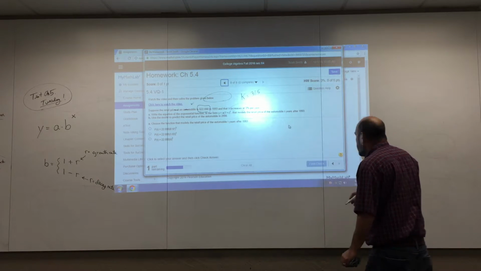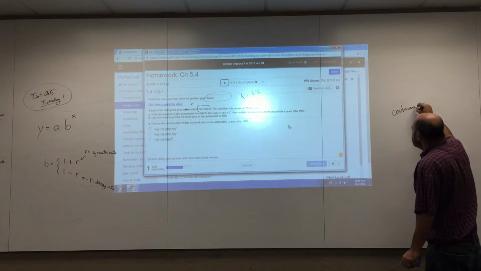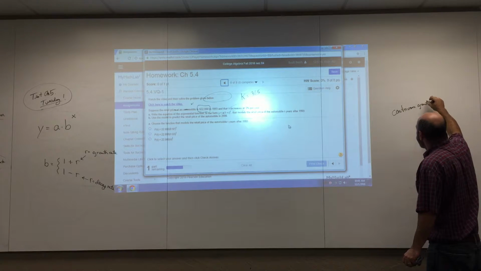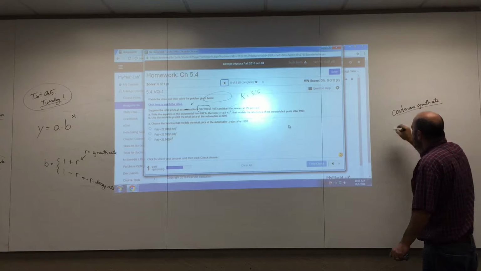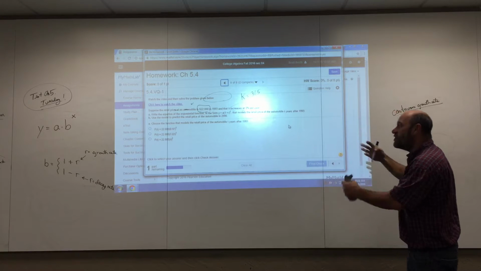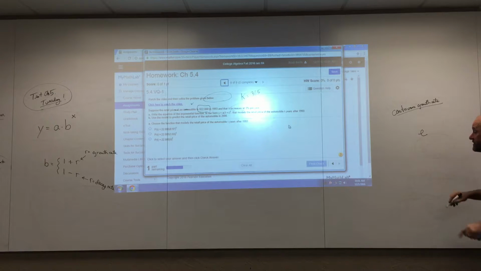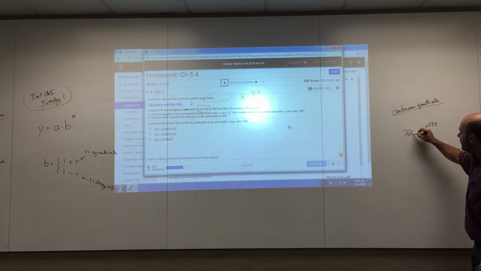I want to say something. If they happen to use the words continuous growth rate, that tends to make me use that e base. They didn't use that word here. But if it was growing at 3% continuously, I'd put 0.03t in the exponent and 22,000 here.